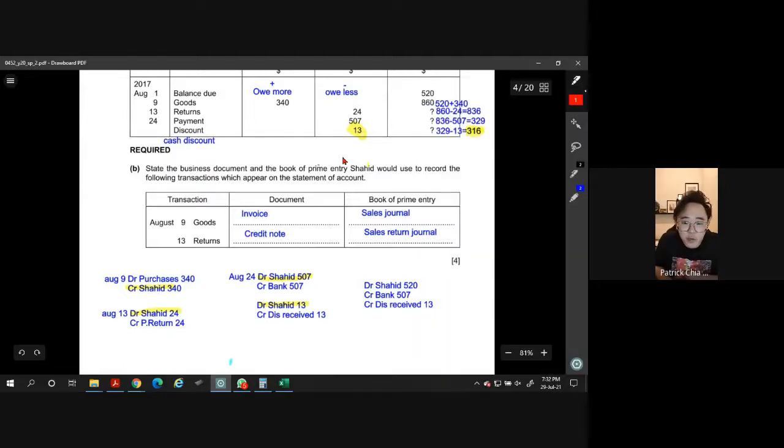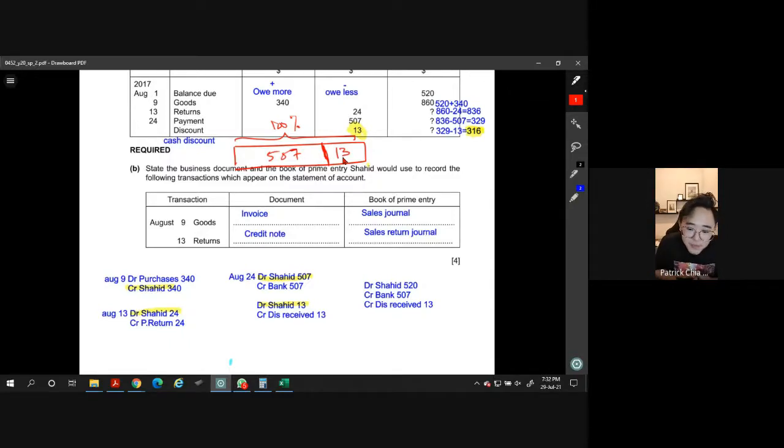If you have a question like this, ask yourself: you should know what the 100% is. The whole bar, the whole thing is 100%, in terms of percentage. Now we split into $13 and 507, a discount and a payment.